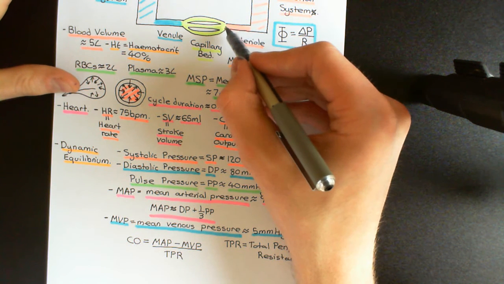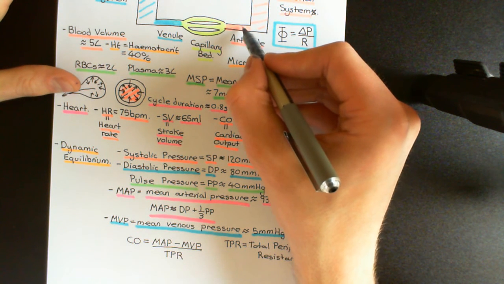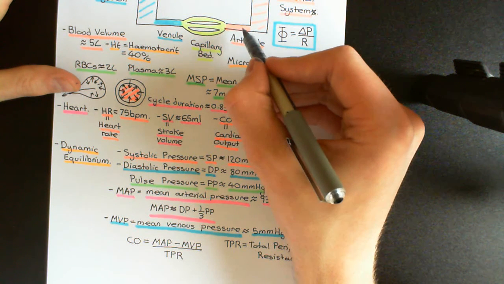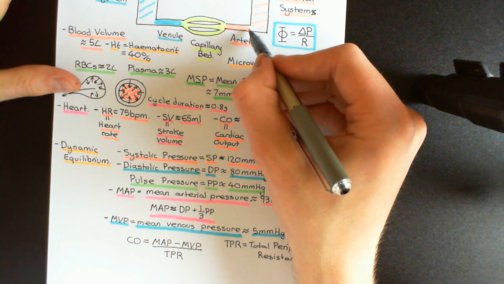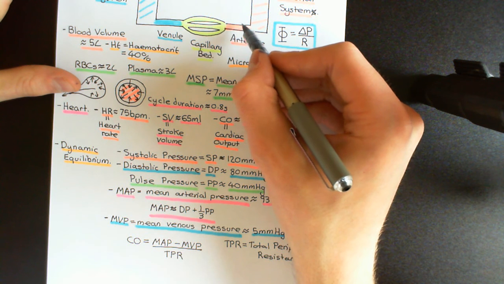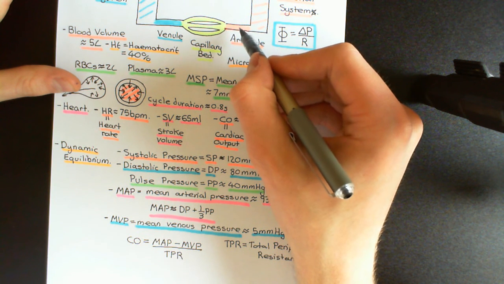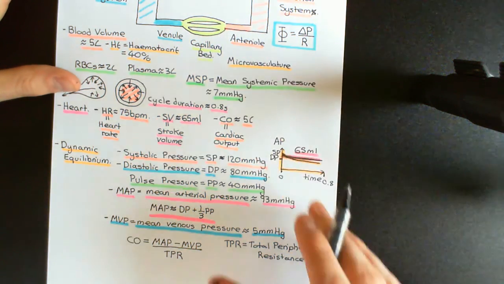If loads of arterioles all around the body were to suddenly vasoconstrict and reduce the diameter of their lumens, then overall the microvasculature would now put up much more resistance to flow, and therefore the total peripheral resistance of the cardiovascular system would have increased. If the arterioles all suddenly dilated, then that would now hugely reduce total peripheral resistance.